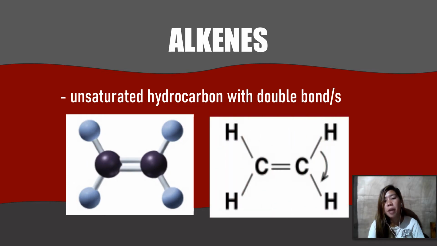In the diagram, we can see that there are two carbon atoms connected by a double bond, making it an ethene. So when we have two carbon atoms connected with a double bond, we call it an ethene. That's it for alkenes. This is the basic knowledge that we need to know about an alkene.